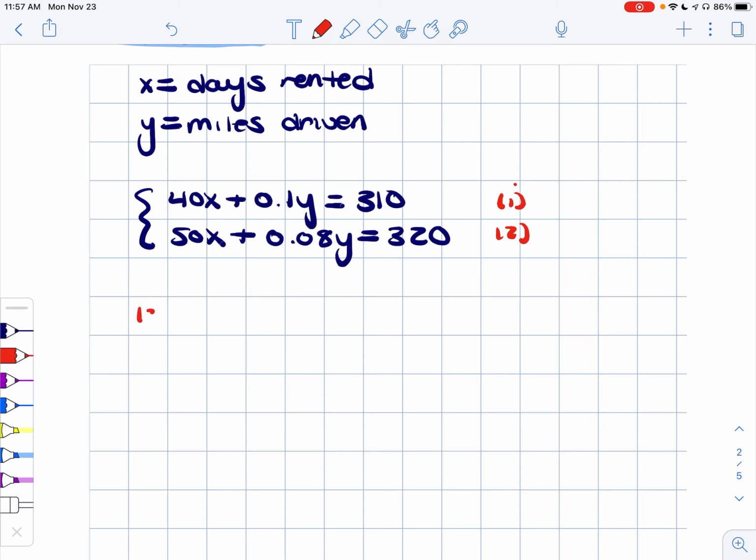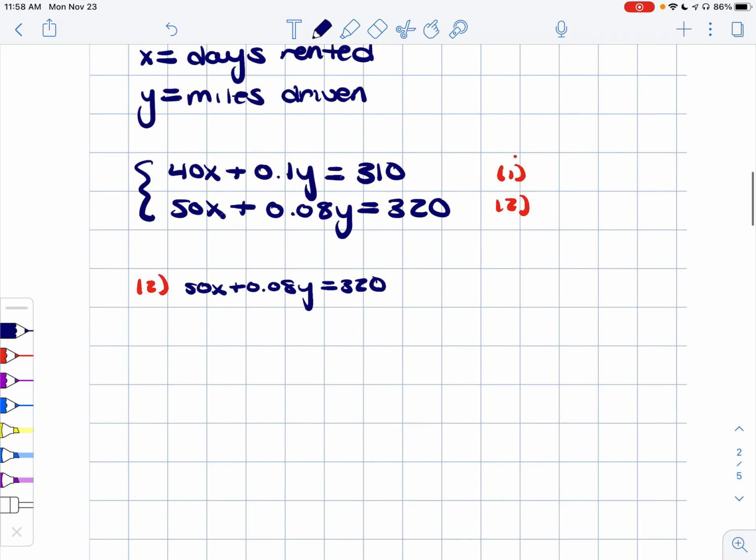So I'm going to go ahead, I'm going to pick equation 2 on this one. And I think it looks a little bit easier to solve for y. So I'm going to subtract the 50x over.